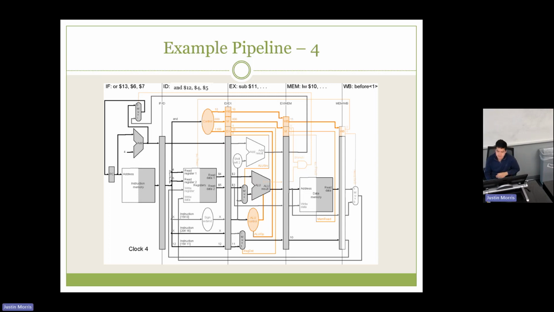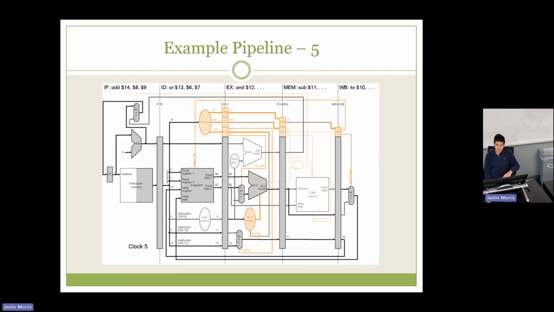And then next clock cycle, everything moves again, 1 stage at a time. Load word is going to finish, and this is what you were saying, right? After 5 clock cycles, my first one is going to finish. So here's the load word, the sub is right behind it, then the and, the or, and then our final instruction is that we're going to fetch.